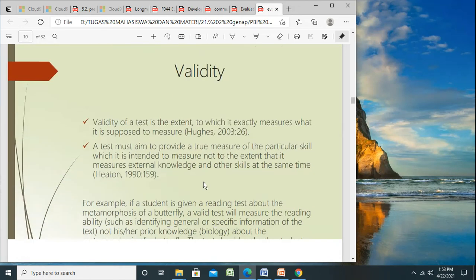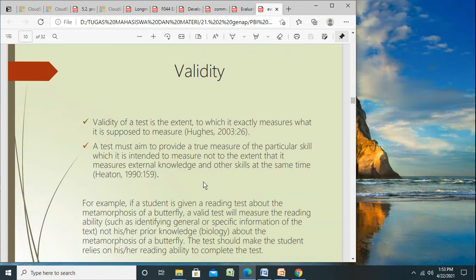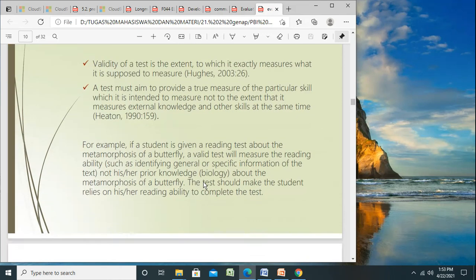And then the validity of the test is the extent to which it exactly measures what it is supposed to measure. For example, if a student is given a reading test about the metamorphosis of a butterfly, a valid test will measure reading ability, such as identifying general or specific information of the text, not his or her prior biology knowledge about the metamorphosis of a butterfly.